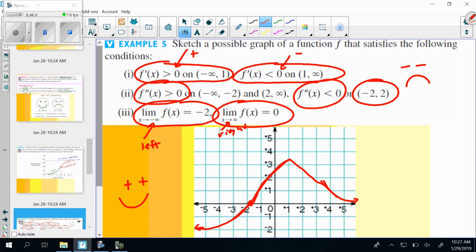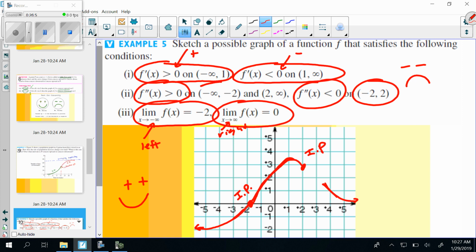So it switches from concave up to concave down. And it stays concave down all the way to positive 2, which should look like the curvature we want here, because this is a maximum. So it stays concave down till 2. So at this point and this point, we know these are probably inflection points because the concavity is changing.